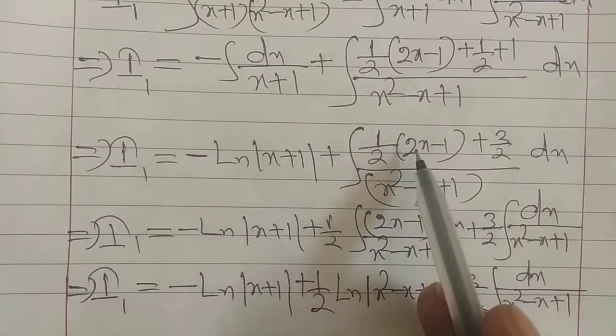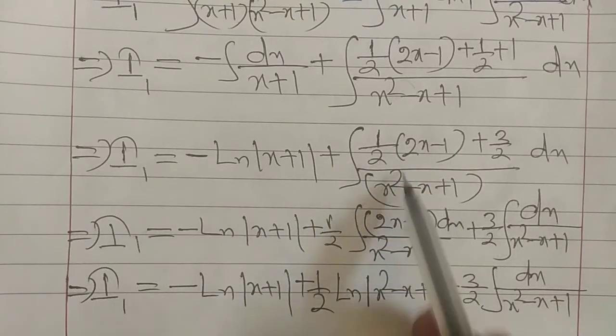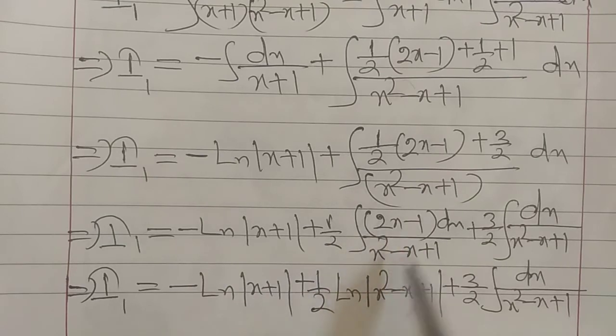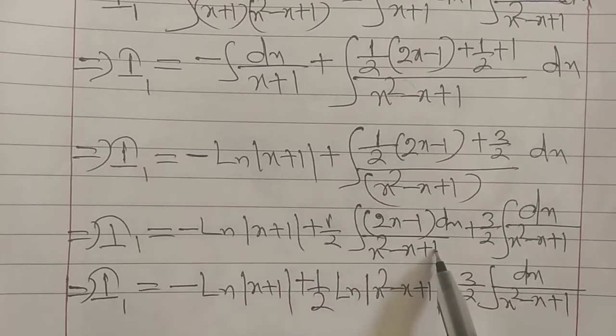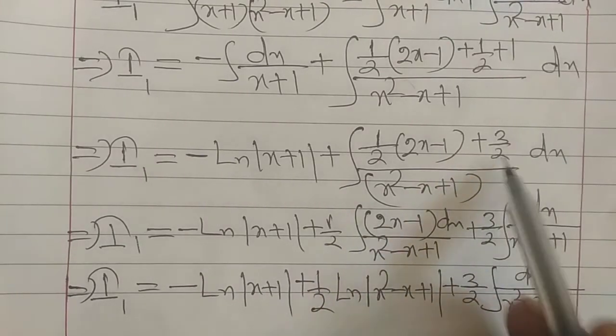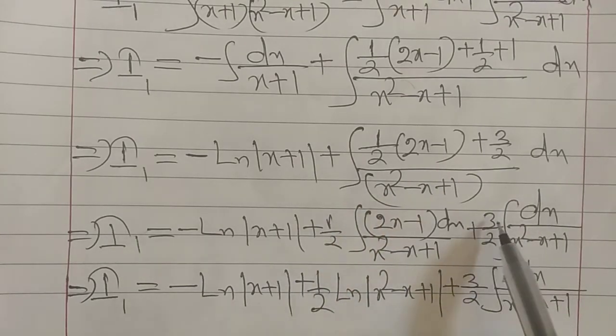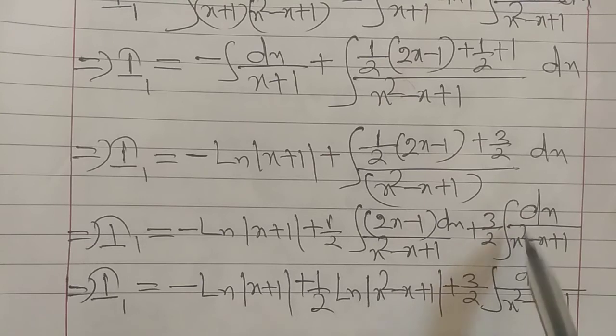Here 1 by 2 into 2x minus 1 by x square minus x plus 1, and here plus 3 by 2 into 1 by x square minus x plus 1.